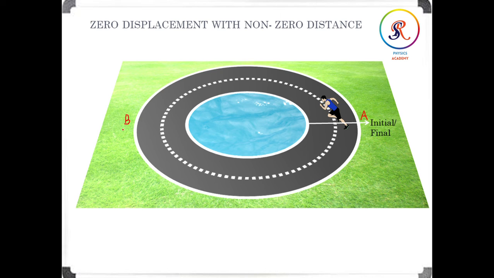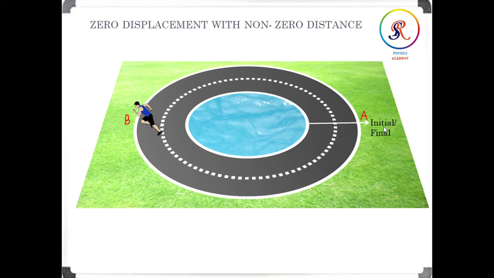So first, see here the position of B. What is the initial position here? The initial position is marked by A, and if you reach the position B first, then the distance you will travel will be half of the perimeter of the circular path.